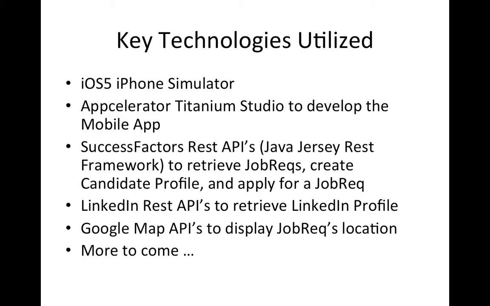Of course, we are using LinkedIn REST API to retrieve the LinkedIn profile. Google Map API to calculate coordinates of various job rec locations, and more to come. Without further ado, let's start with the demo.